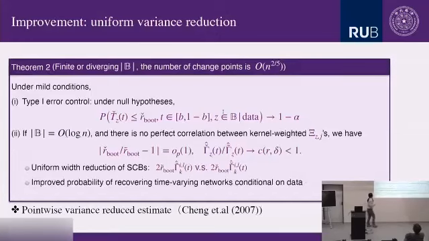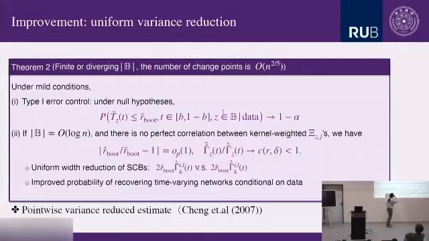For the variance reduction, we can show that compared to the original one, we have a uniform variance reduction, in the sense that the width is uniformly smaller across time, because the width here is the bootstrap quantile times the variance. This is before the variance reduction, and this is after.